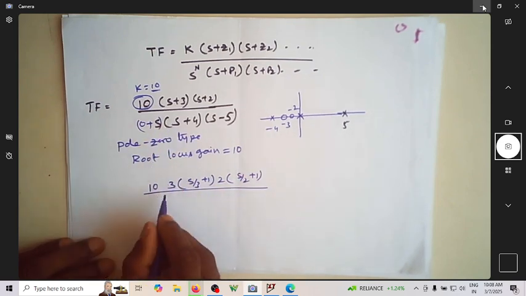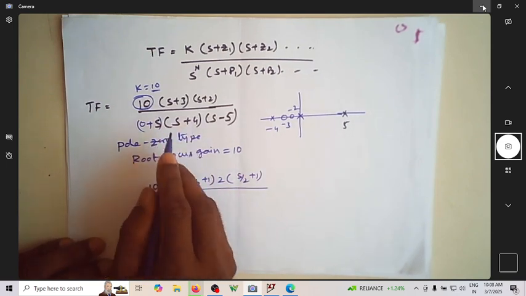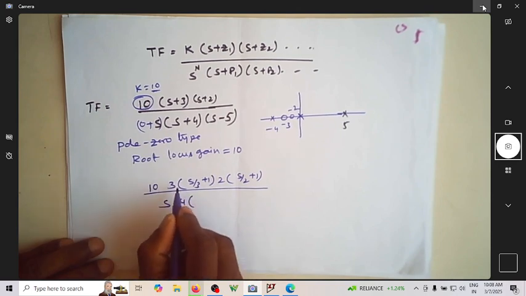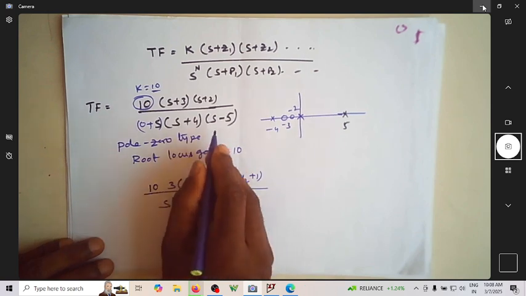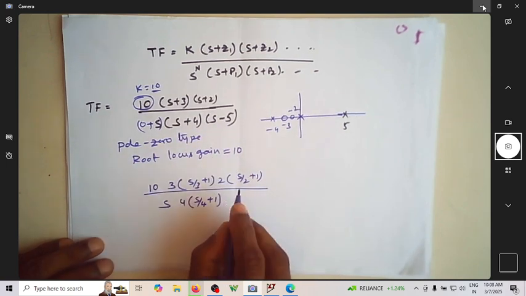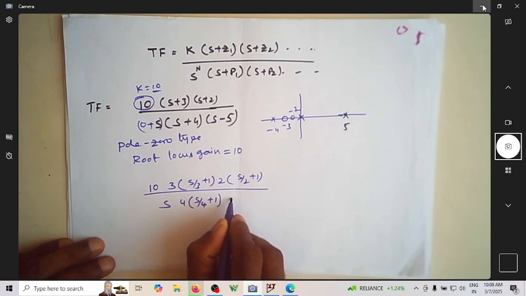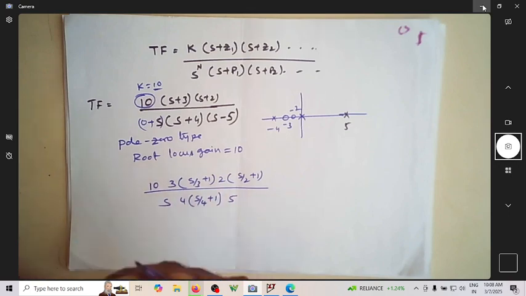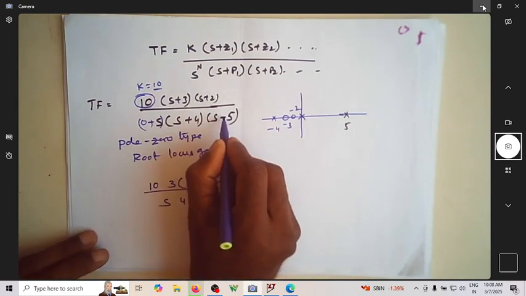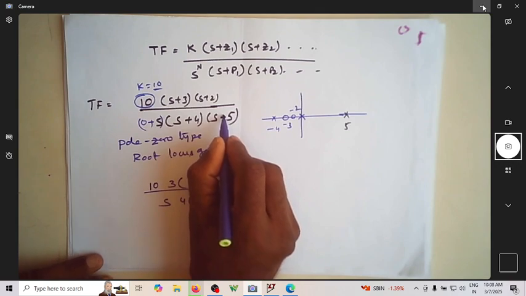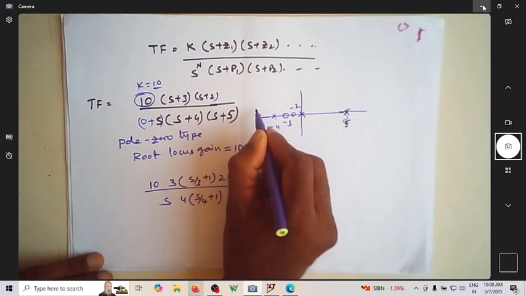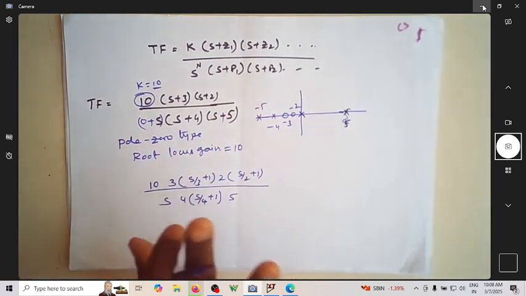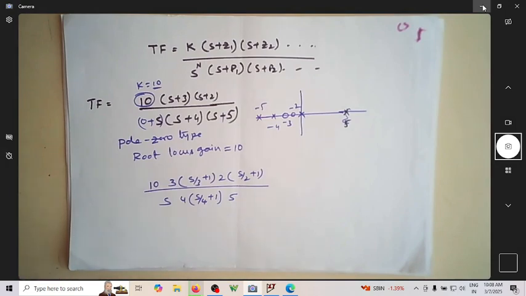The s stays as it is, and taking 4 outside, it becomes s by 4 plus 1. For the last factor, let me consider it as plus, so as not to put you under pressure, and just write it as 5, to avoid confusion in the first problem itself.